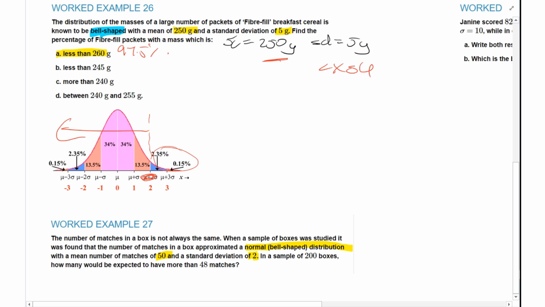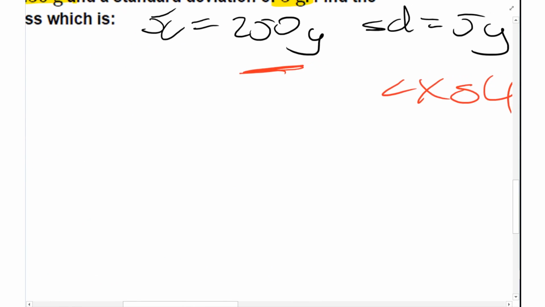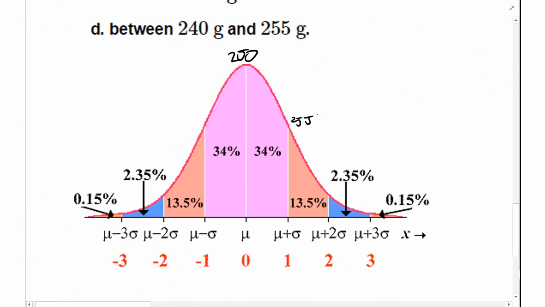If I go less, so if we're going to do it like this, let's actually, oops, I'm not meant to erase. Let's actually put a bit of some stuff here. So we're saying that's 250, and it goes in fives. So that's going to be 255, 260, 265, 245, 240, 235.